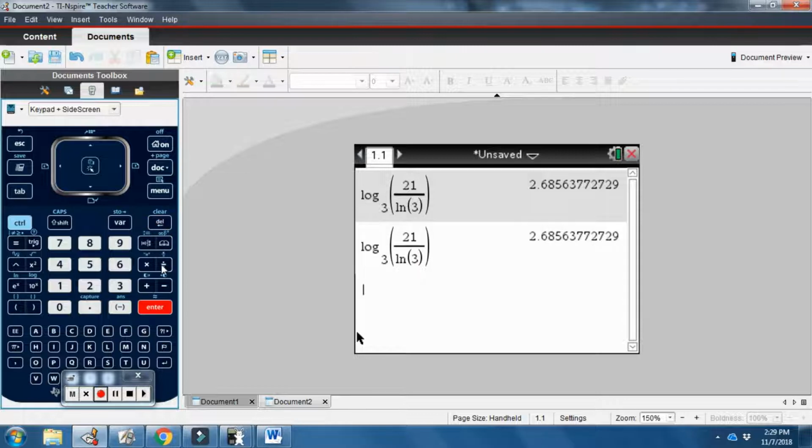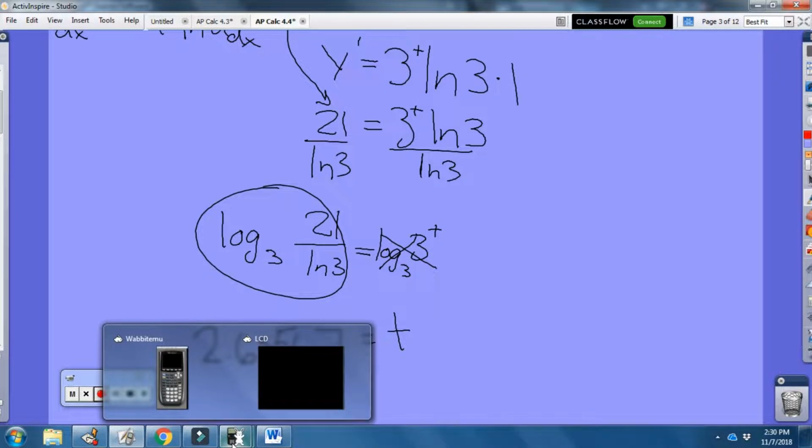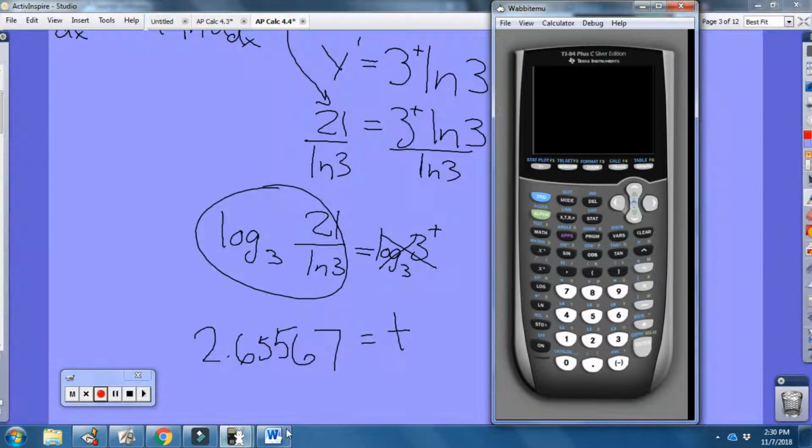And that's our value for t. So we're going to get 2.65567. You'll remember, for the AP test, you have to go out at least 5 decimal places, so that's what I did there.